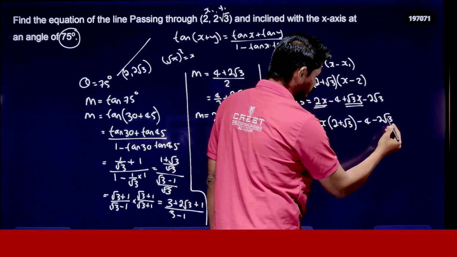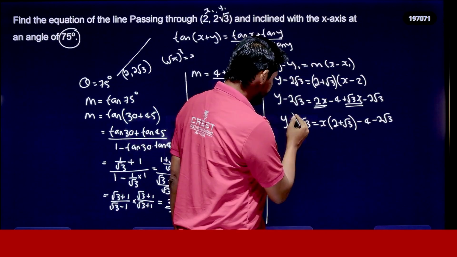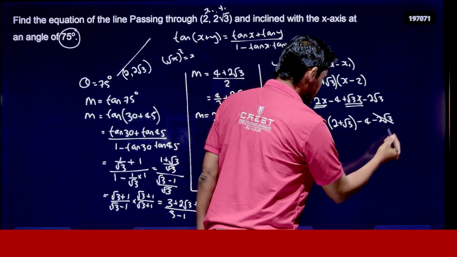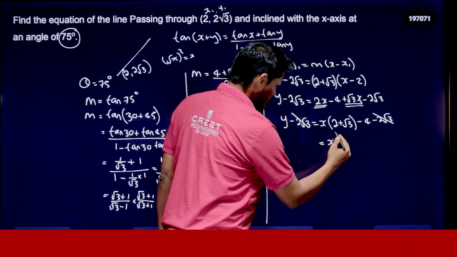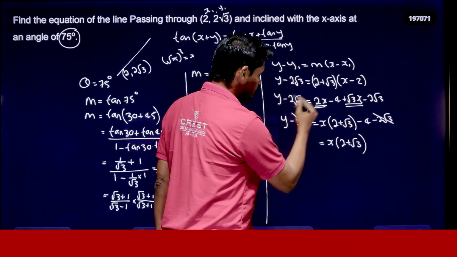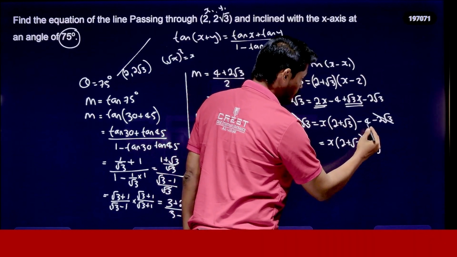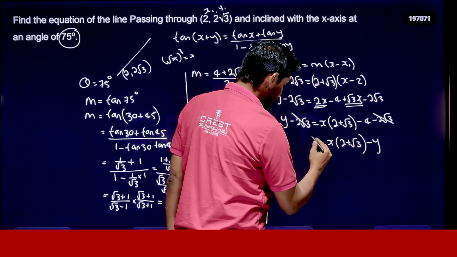Fine. Now minus 2 root 3 and minus 2 root 3 will be cancelled, and we have x into 2 plus root 3 there, and we bring this y to this side, we get minus y, and we have a minus 4. When you bring this side, minus 4 will give plus 4.